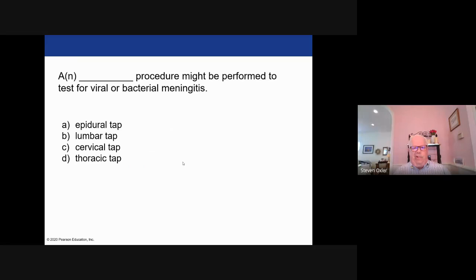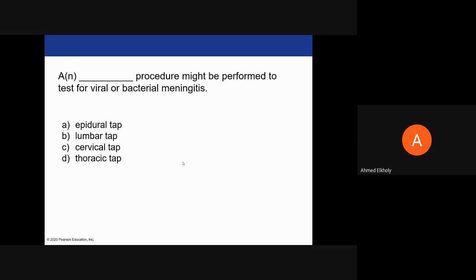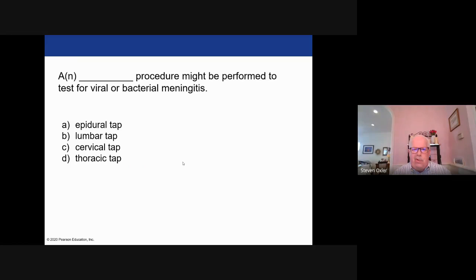A blank procedure might be performed to test for viral or bacterial meningitis. This is actually a stupid question. Thoracic, no. Forget that.